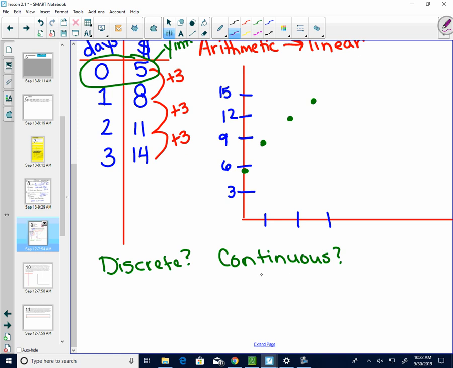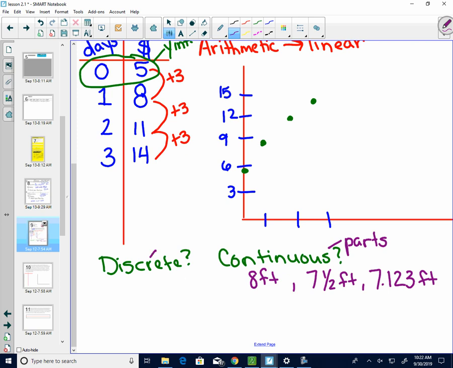It could be a whole number. It could be 8 feet long. But you could cut it and measure it, and it could be 7.5 feet. It could be something like 7.123 feet. And so continuous, we kind of think of it as things that can be broken down into parts.